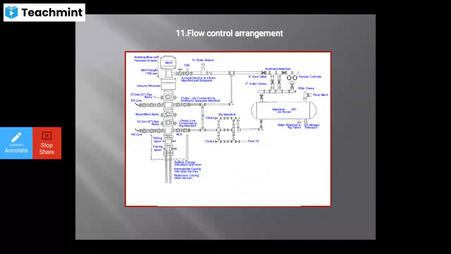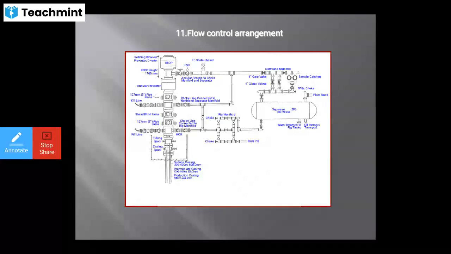You can see from the BOP, then the HCR line. Then down you can see the casing: surface casing, intermediate casing, production casing. Surface casing at 300, 400 meters, that is 508 mm. Then intermediate casing at 339.7 mm. Then production casing at 244.5 mm at 1890 meters. Then on the left hand side, we will see the tubing spool, casing spool, and kill line.